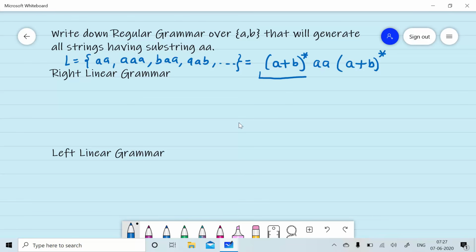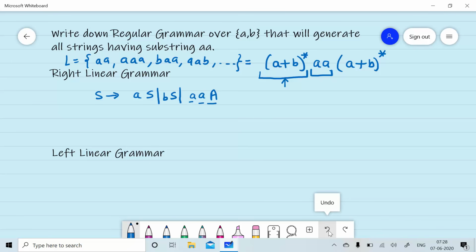So in right linear, we will consider this string from left to right. First we will try to generate any combination of a and b, which can be generated by using S gives aS or bS. After any number of a and b, two a's must appear. So we can restrict it by applying the rule S gives aaA.